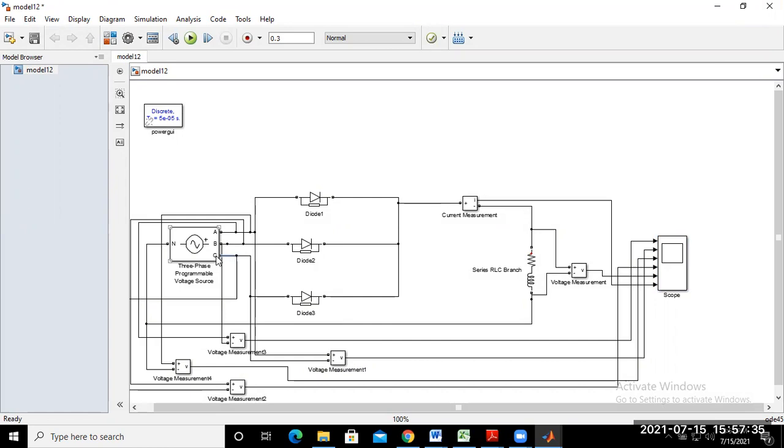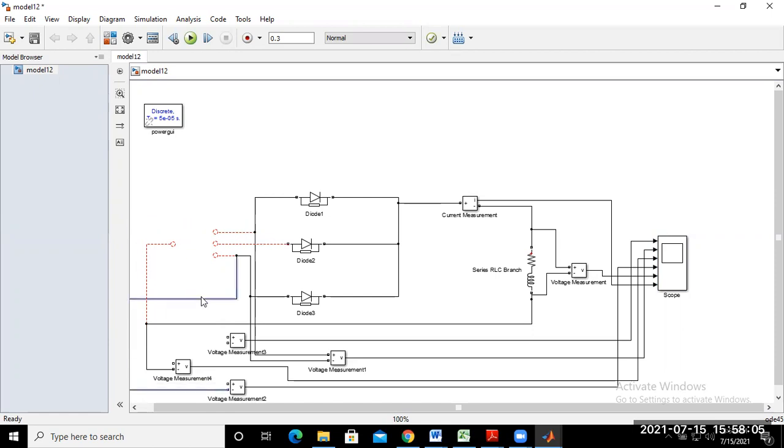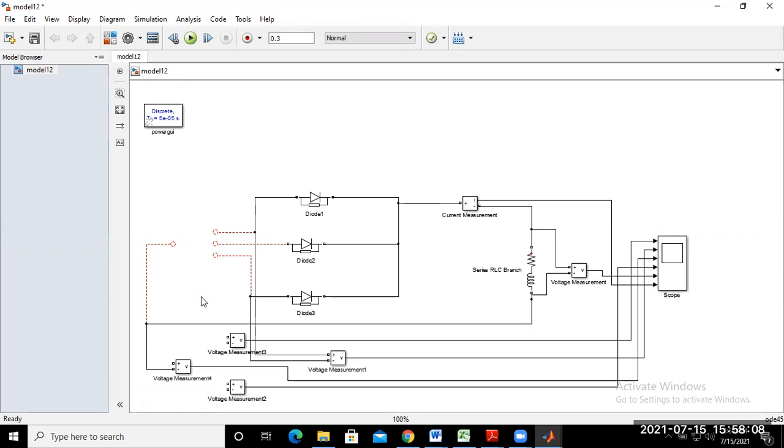So how can we connect that? The 3 phase AC source is removed from the circuit, and all the voltmeter connections are removed here, and drag from the library 3 single phase AC sources.